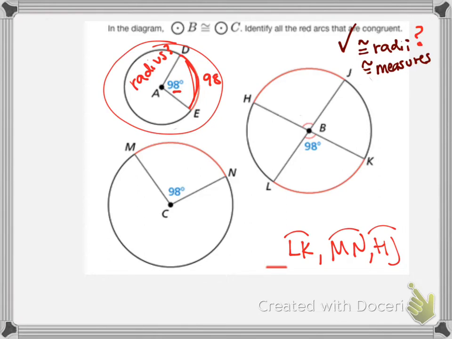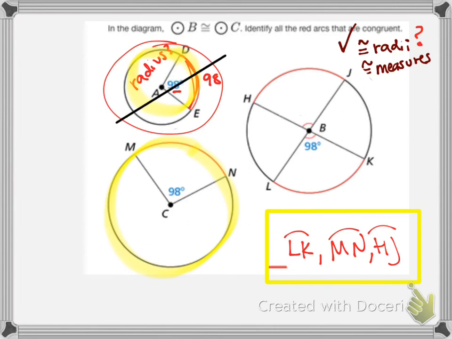I would hope you can see that this circle is indeed smaller than this circle, so they don't have the same radius. So that arc, even though it is 98 degrees, is not the same length as the other ones we mentioned before. So it is not congruent. Nothing about this circle is congruent with the other ones.